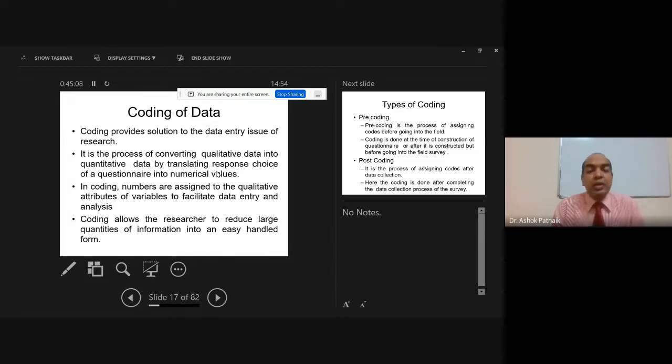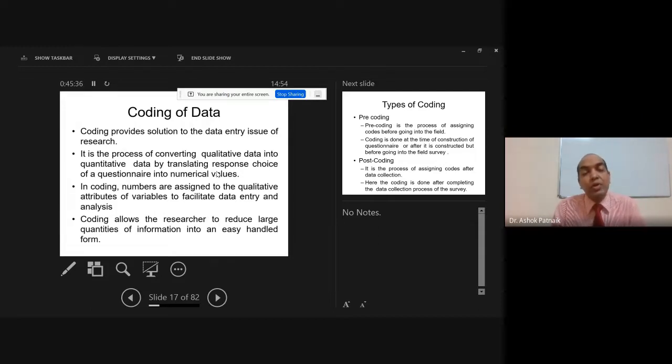Otherwise, what will happen? There are so many different factors, like we already know, qualitative and quantitative factors, and putting them into numbers is very difficult. Coding, in fact, helps you convert those qualitative aspects into quantitative aspects, like putting them with a number. It's a process of converting qualitative data into quantitative data by translating response choices of questionnaires into numerical values.